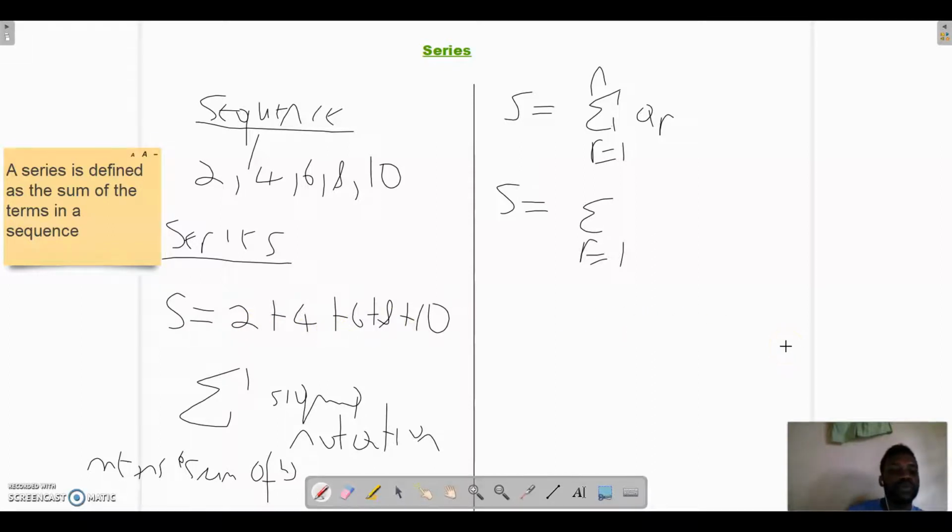So it's just really 2r from r equal 1, and we go up to 5 terms: 1, 2, 3, 4, 5. To get the last term, which is 10, I would simply put 5 in the place of r. To get the first term, which is 2, I would put r equal 1 in the place of r. So that is how this formula works.